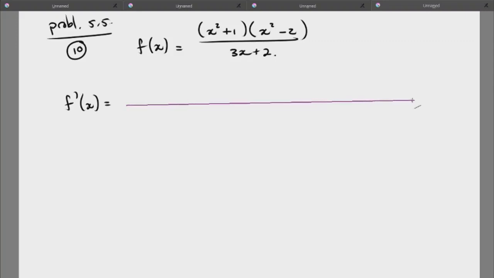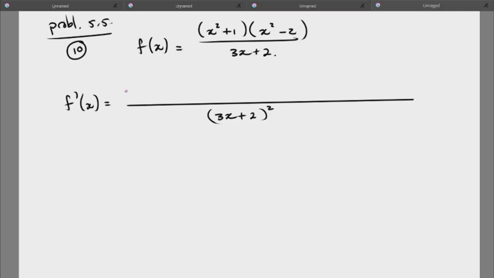As long as I take my time and let my patience scale with the complexity of the function. I know the bottom is going to be the bottom squared.